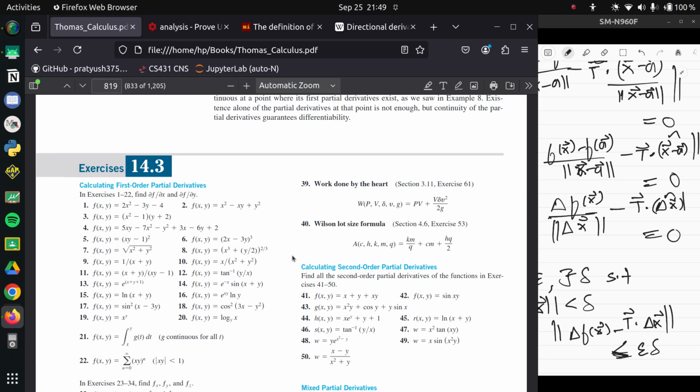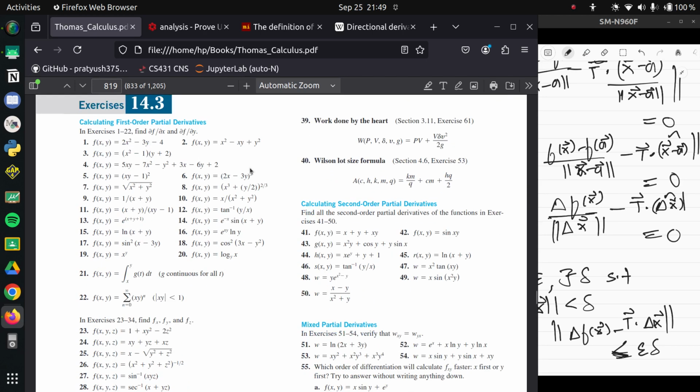Anyway, back to exercises, I suppose. Oh, here you just use the fundamental theorem of calculus and be done with it. Never mind.